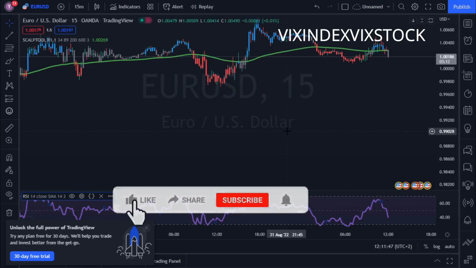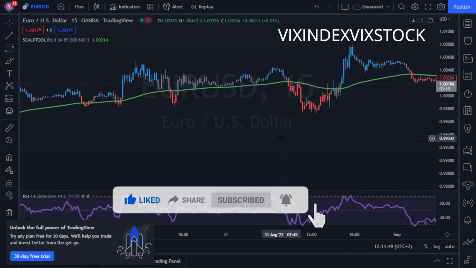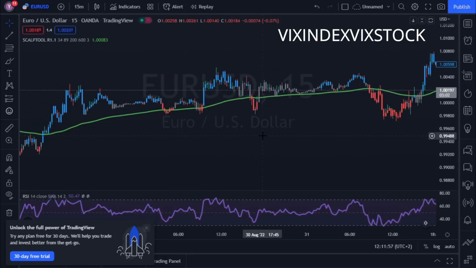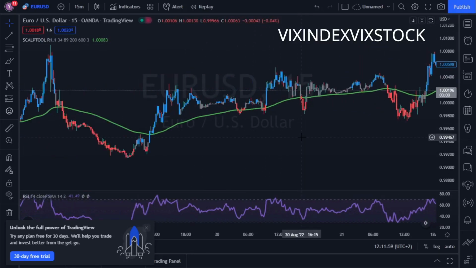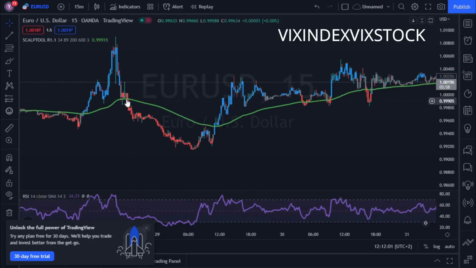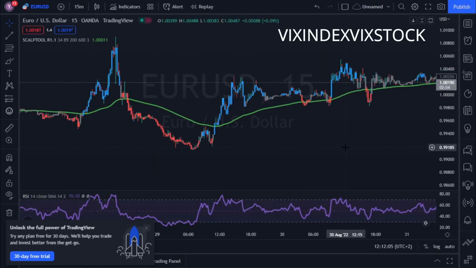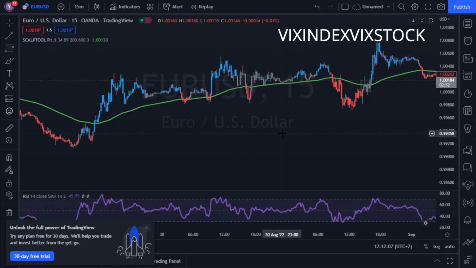Okay, so what are some of the rules that we're going to apply when it comes to trading with this system? First of all, because we are looking at a moving average there, what we do not want to use a moving average for is a ranging market.